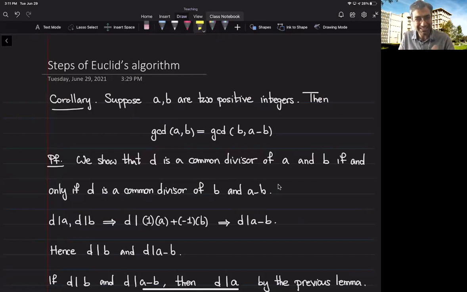Otherwise, GCD doesn't make sense. For simplicity, I'm going to assume that both of them are positive.